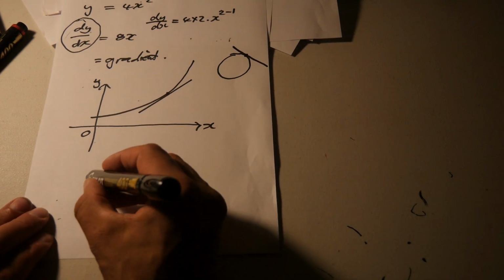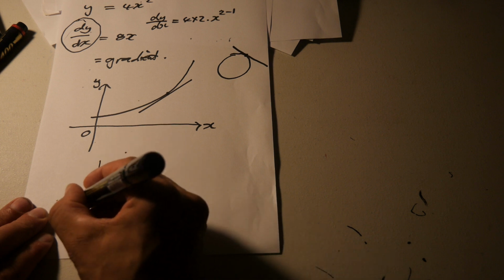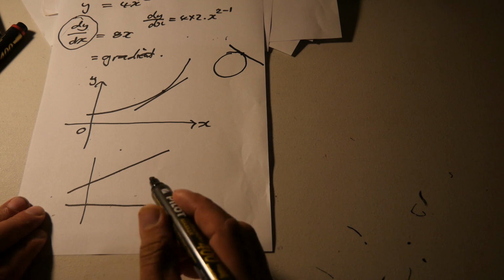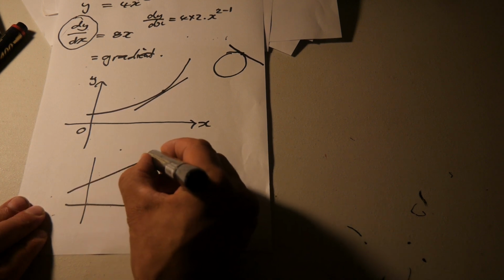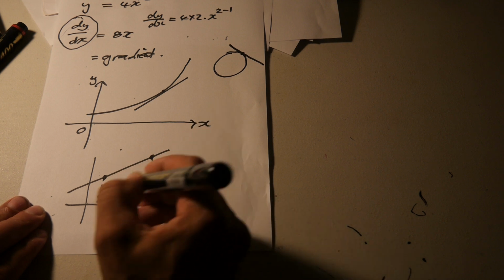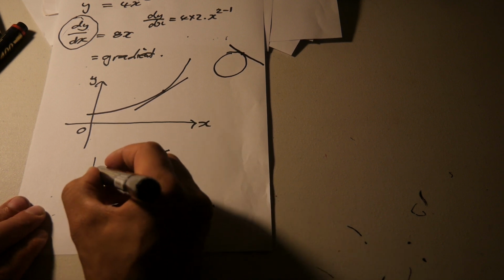It's easy if you have a straight line like that, okay, and you can work out the gradient easily if you have 2 points here, and they have corresponding x values.